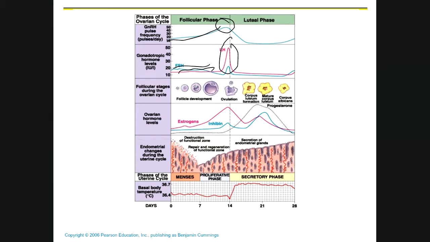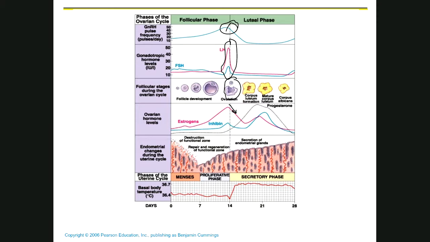Well, remember when we have FSH, the follicle is going to grow. And LH is going to cause the follicle to make estrogen. So estrogen is going to go up. And then on or around day 14, we're going to get this peak, and that's going to cause ovulation. It also ruptured the follicle, so estrogen is going to drop off for a little while.